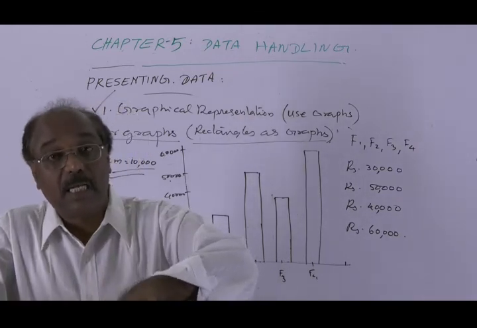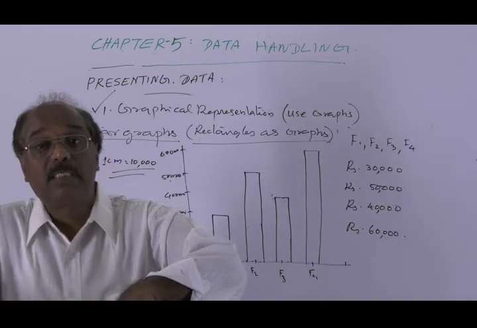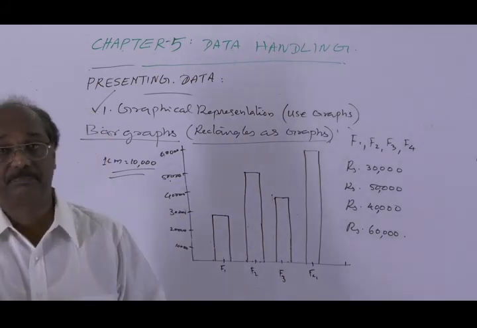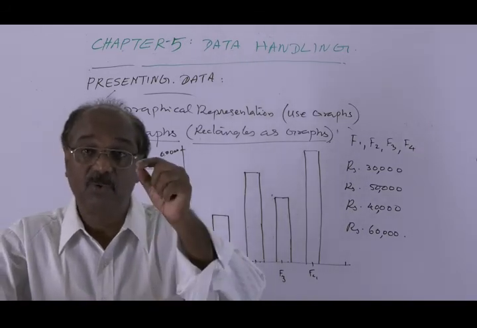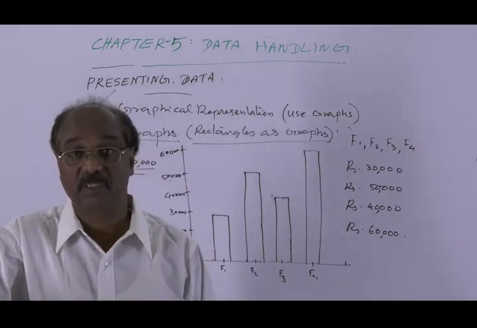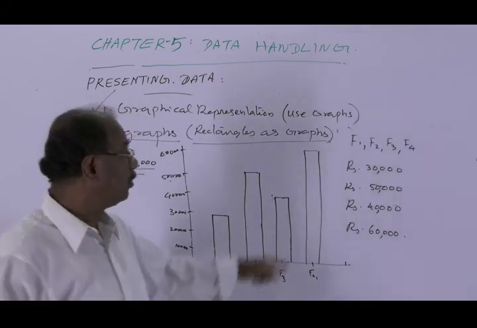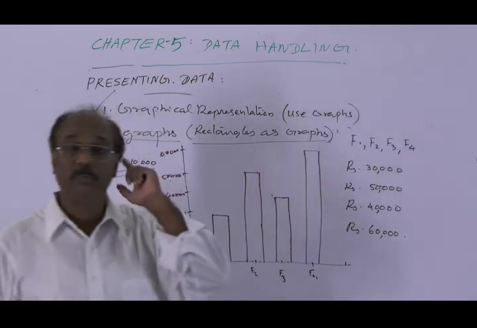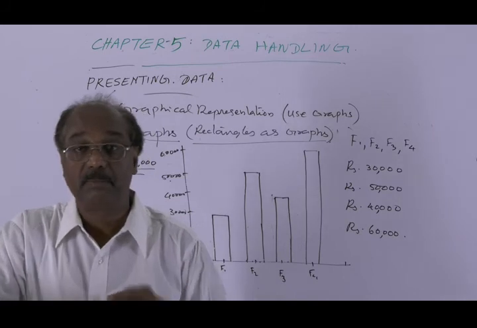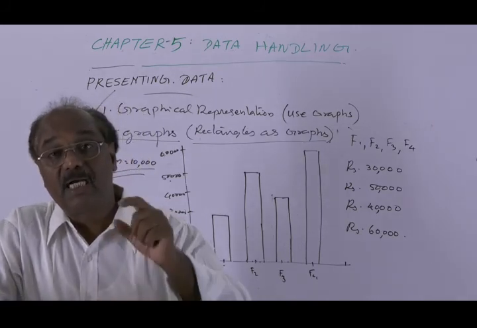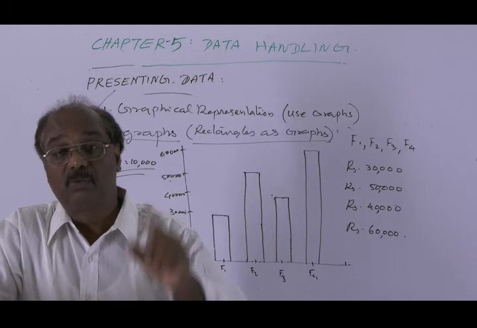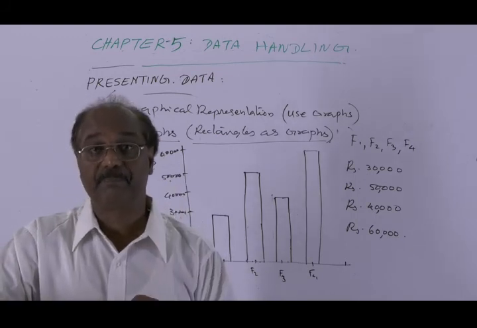There is another type of bar graph, which is the multiple bar graph. There is more than one bar corresponding to one unit of the observation. That is, corresponding to one family there will be more than one bar, provided we collect more data values for the single family.